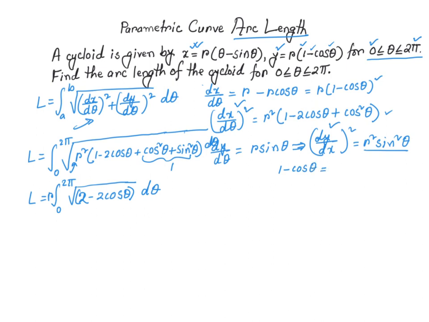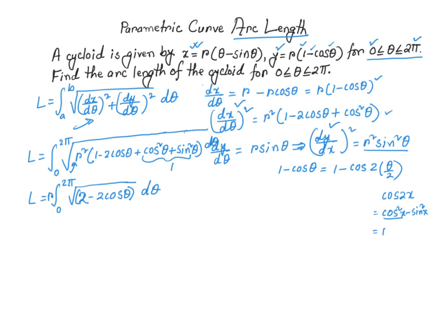That I could write as 1 minus cosine of 2 theta over 2, kind of like 2x, 2 times theta over 2. And then I'm going to use the formula for cosine of 2x, right? Cosine of 2x, remember, is equal to cosine square of x minus sine square of x, which could be simplified in either way you want. So cosine square of x is 1 minus sine square of x.